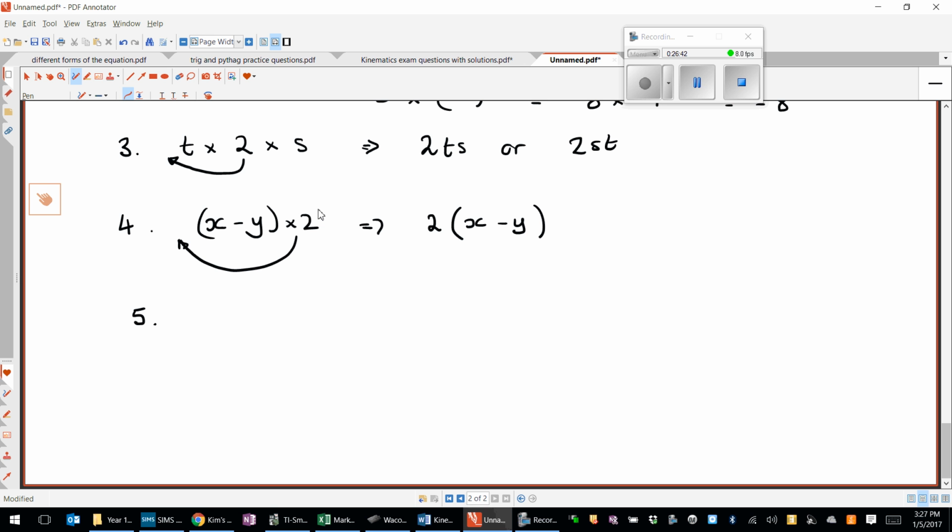But because you're the smart ones, I would expect it written like that. In English, this expression is: find the difference of the 2 numbers, then multiply that result by 2.